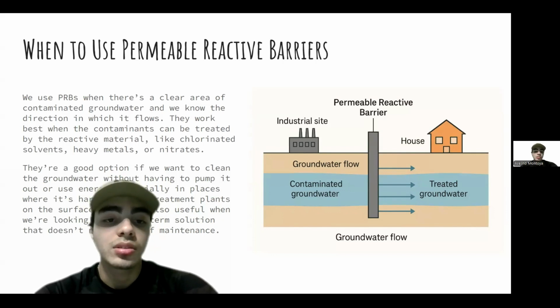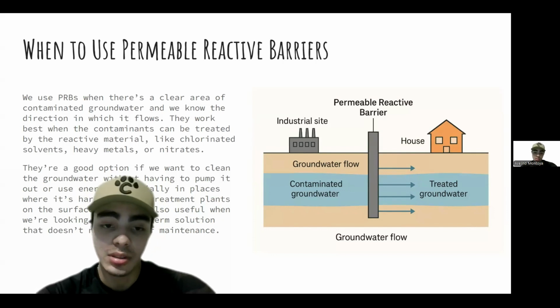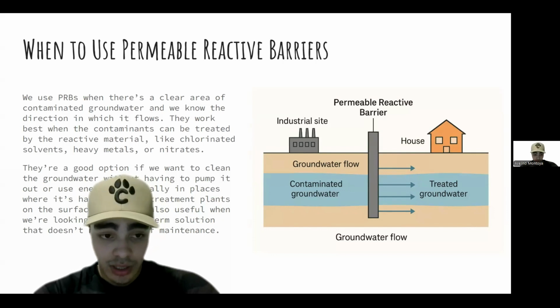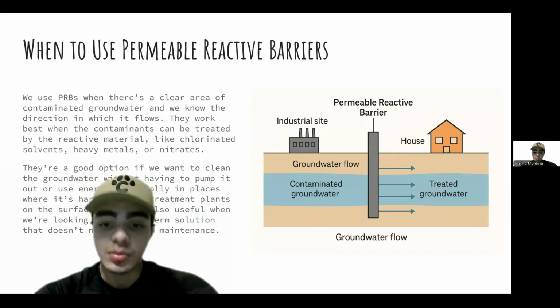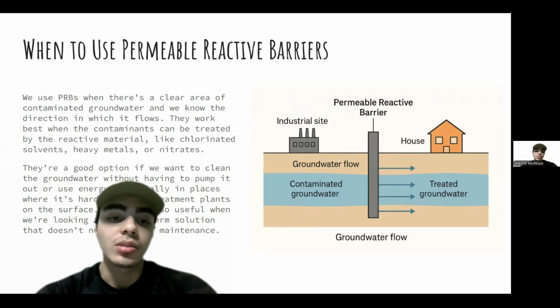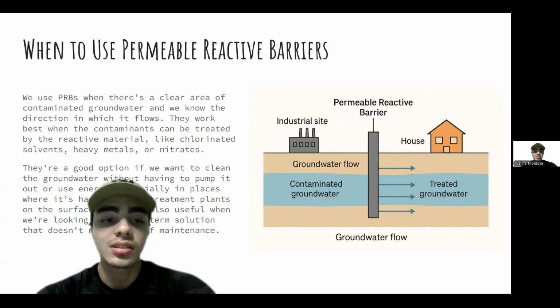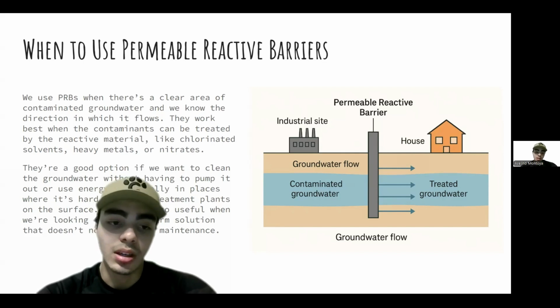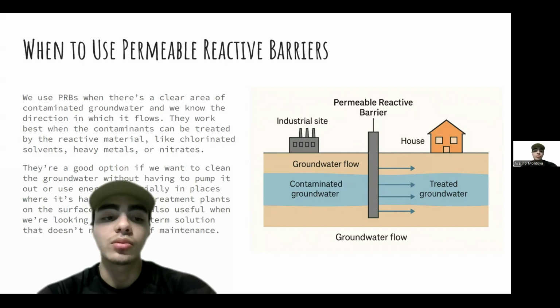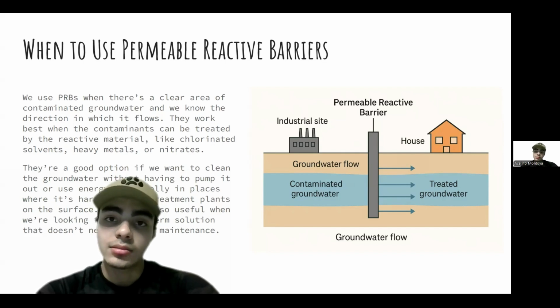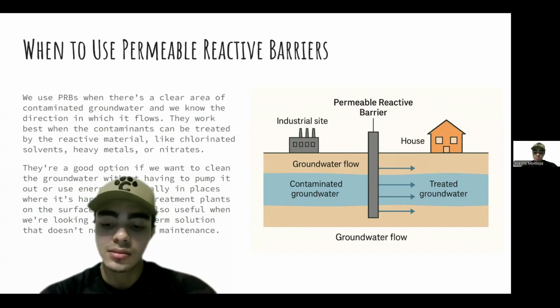They are a good option if we want to clean the groundwater without having to pump or use energy, especially in places where it's hard to build treatment plants on the surface. PRBs are also useful when we are looking for a long-term solution and a solution in which we don't need a lot of maintenance.